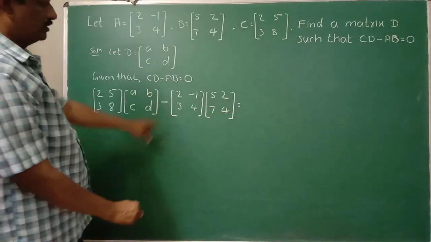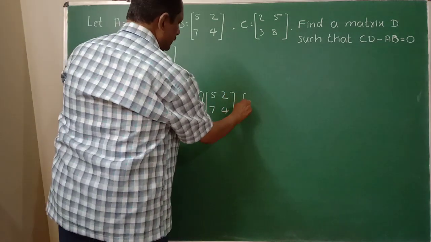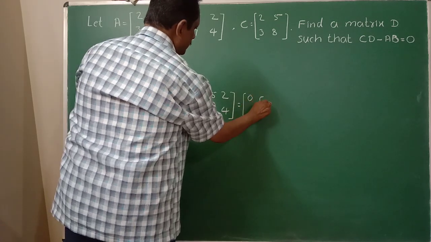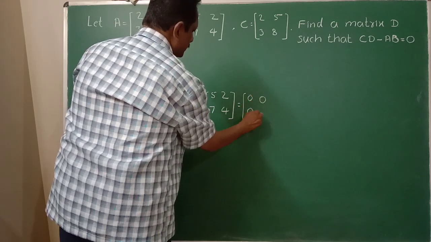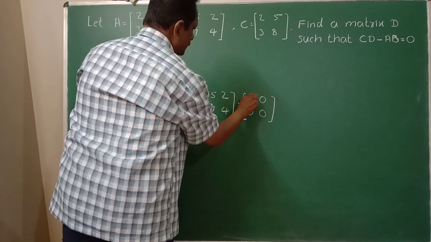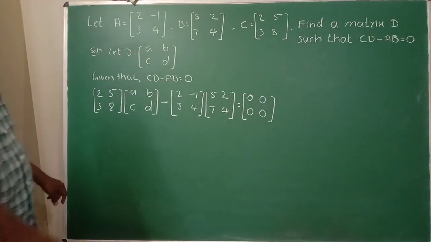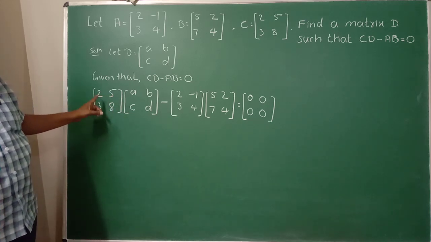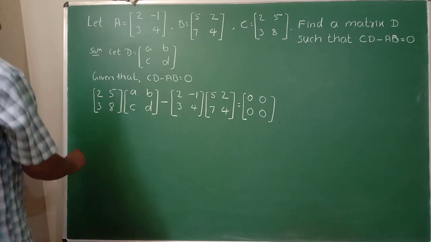That is equal to O, a null matrix. So the null matrix is 0, 0, 0, 0, so all elements are 0. Now multiply the matrices. You know how to multiply matrices: multiply row with the column.